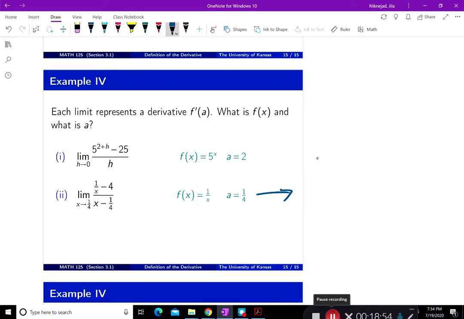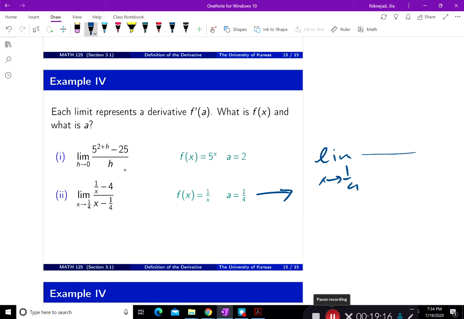So I'm going to go limit as x approaches 1/4 of 1 over x minus 4.